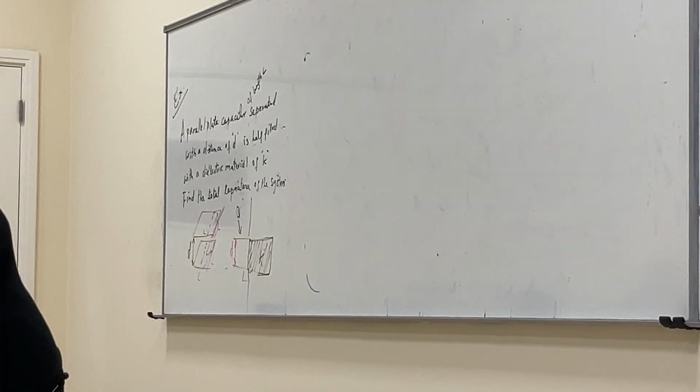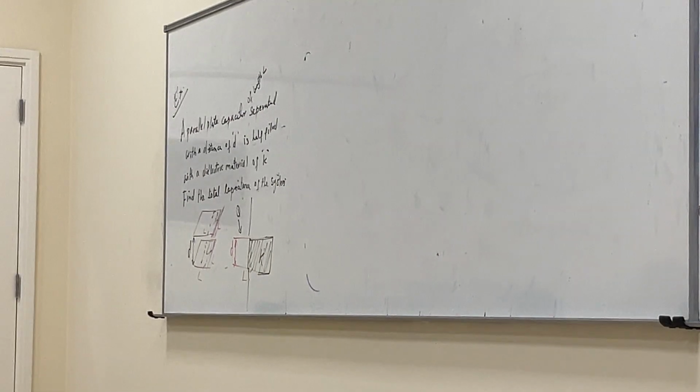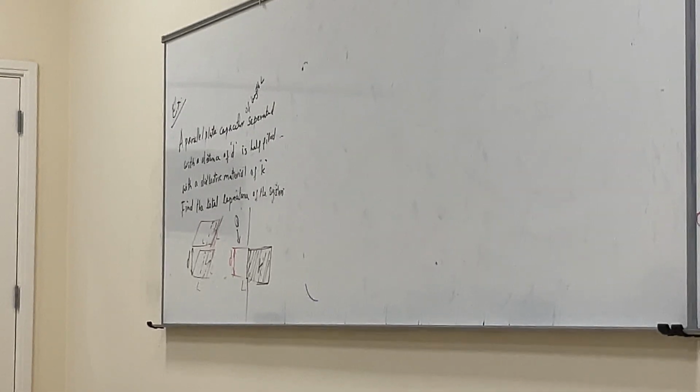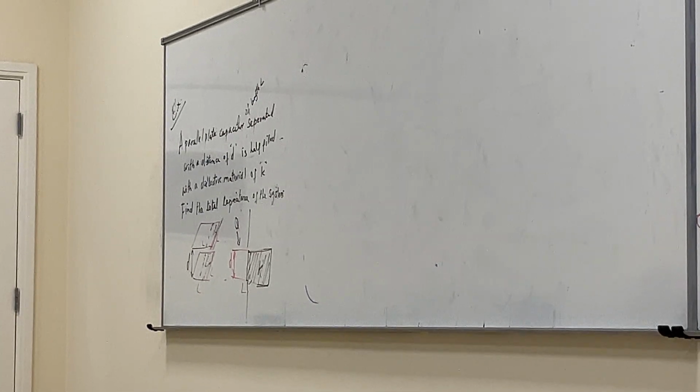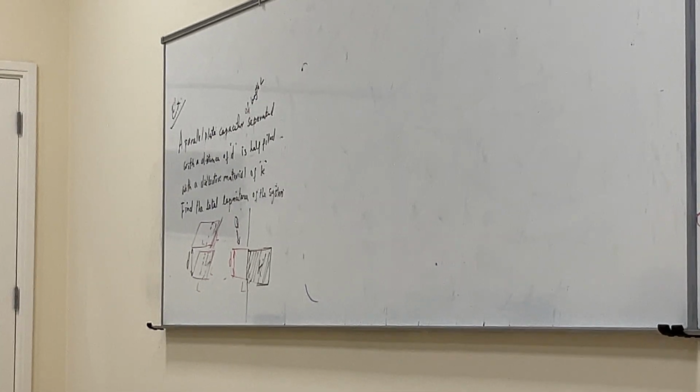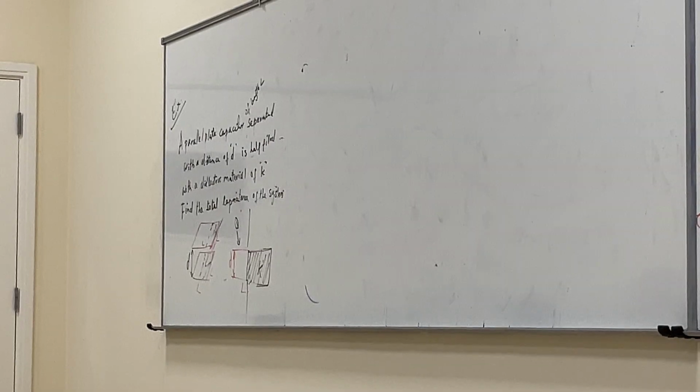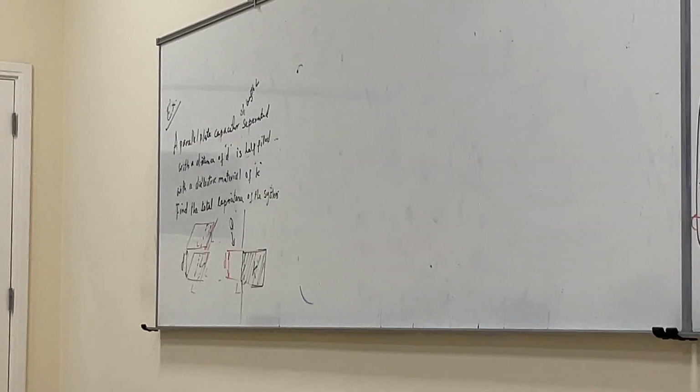Solve it. You know the equation for the parallel plate capacitor, you know the equation for the dielectric constant. So when you have a dielectric constant in a capacitor, the capacitance will be K times epsilon 0 A over d, okay? Right, solve it.